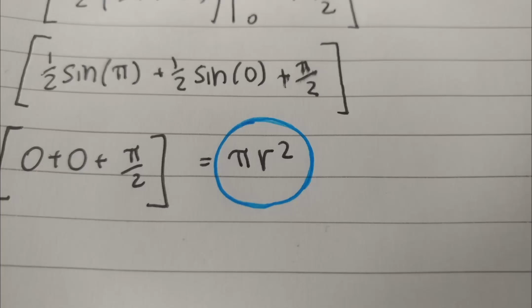After a bit of algebra, we solve that the area of a circle is pi r squared, just like we learned in school. Additionally, there's a lot of ways to integrate the quarter of a circle, so if your way doesn't match up with my way, that's great, as long as you get the same answer.